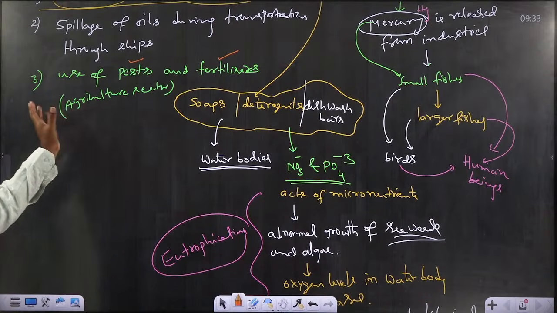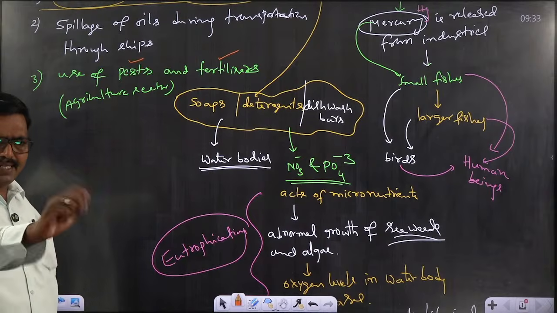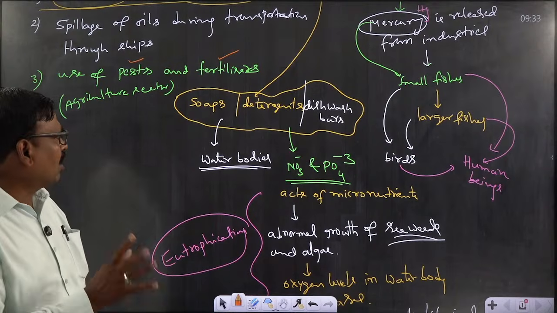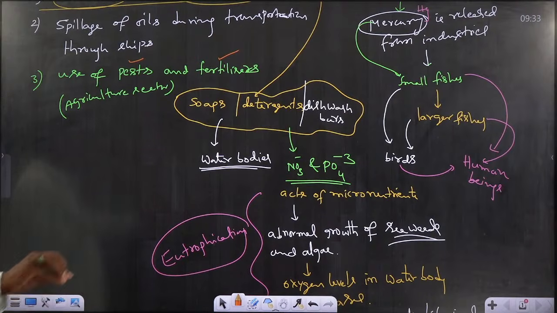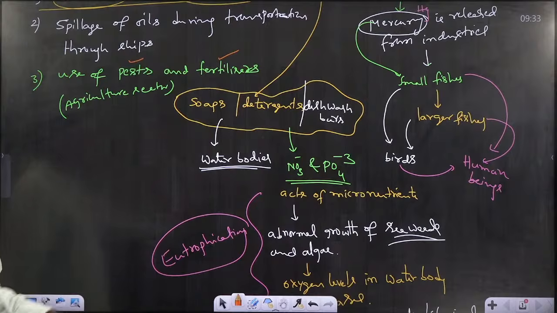They can also cause water pollution, because by spraying these chemicals on the plant, the plants cannot absorb everything. Some of the fertilizers or pesticides will be left on the leaf surface or behind the stems. During rainfall, what happens?